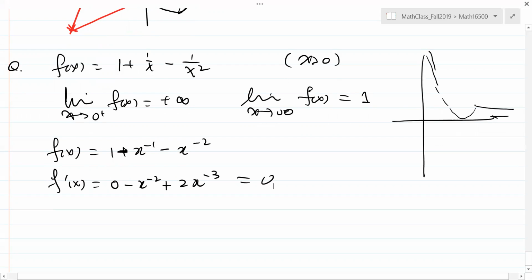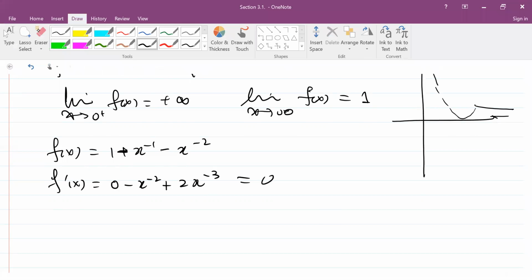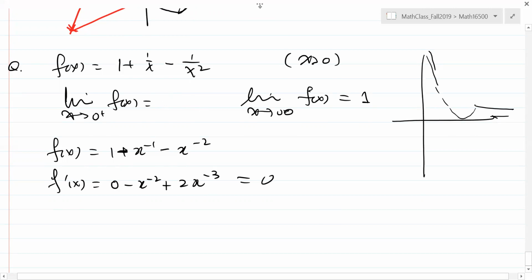When x approaches infinity, the function approaches 1. But when x approaches 0, I think the second term determines the sign. Okay, this also should be negative. How do you see that?